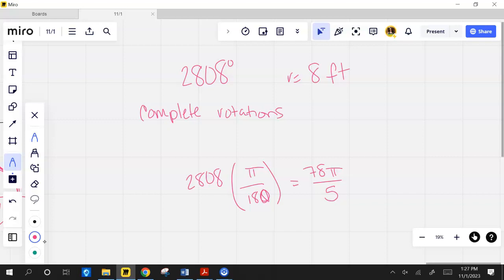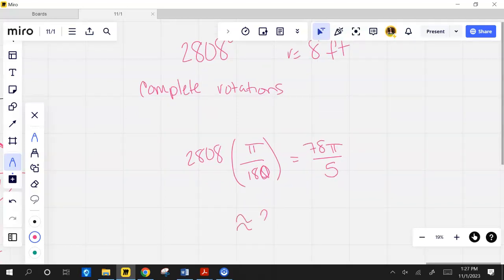That's what I got. For this one, I wanted to know about how many feet you went around. It's okay, you can do fractions. 624 pi over 5 feet.